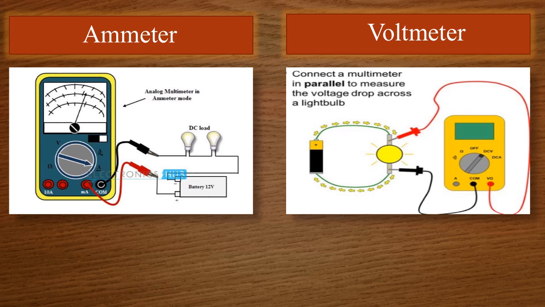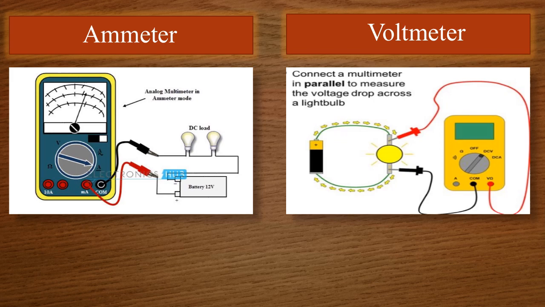I want to emphasize one point: the ammeter has to be joined in a circuit in series position, but the voltmeter has to be joined parallelly in a circuit, because if you want to know the voltage or potential difference accurately, you have to join the voltmeter with the two sides of the battery.